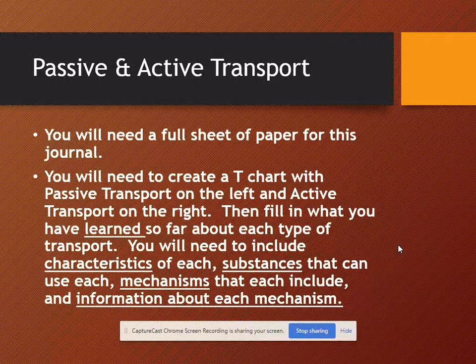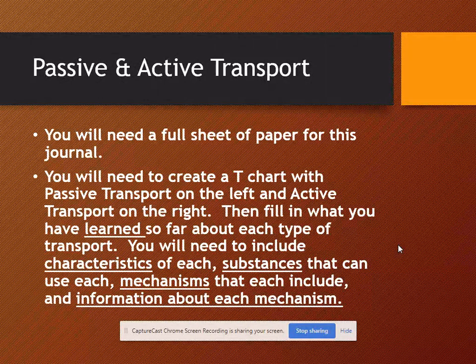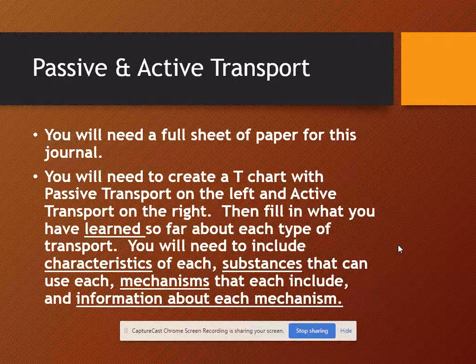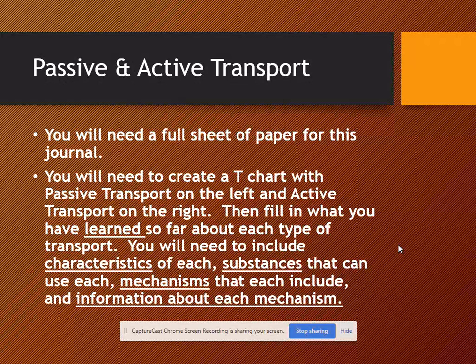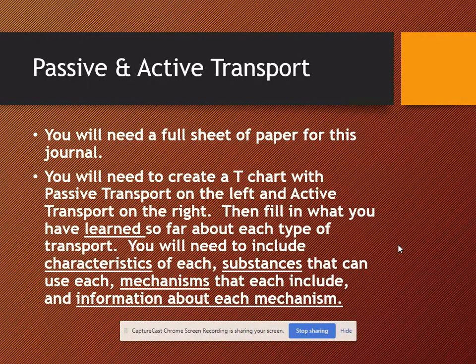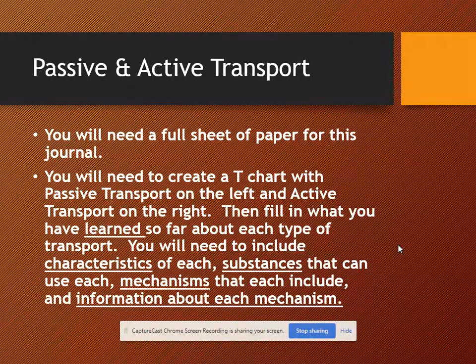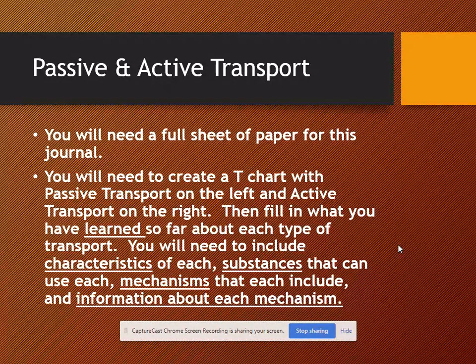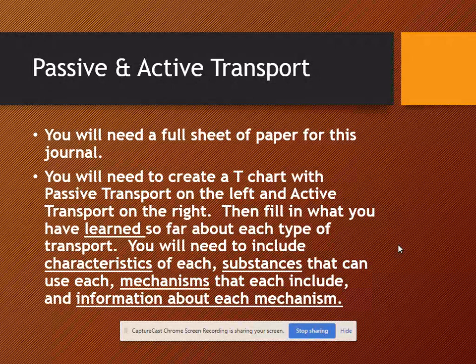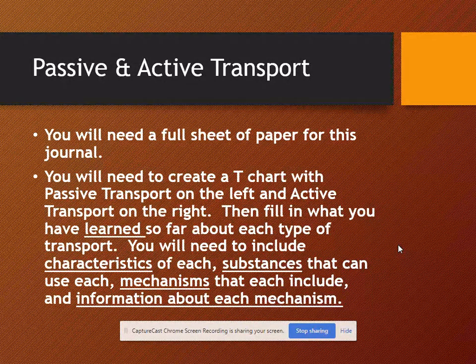So for example, if I say this one moves down the concentration gradient, you'll have to figure out, first of all, is that active or passive, and put it in. And you'll know that the other one then will move up the concentration gradient. Or if I say this one requires energy, you'll need to decide if that needs to go under active or passive.